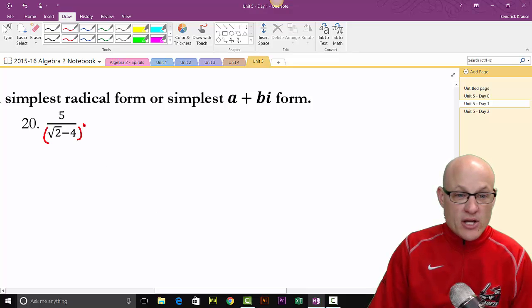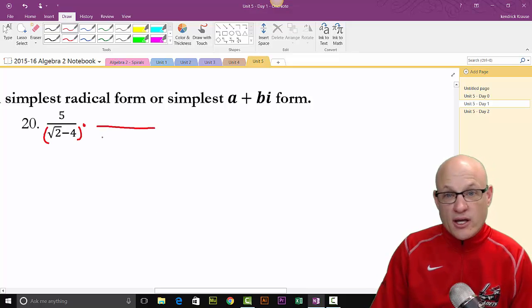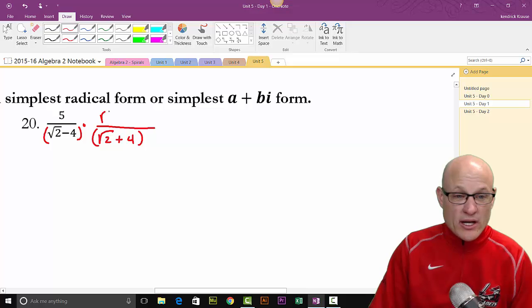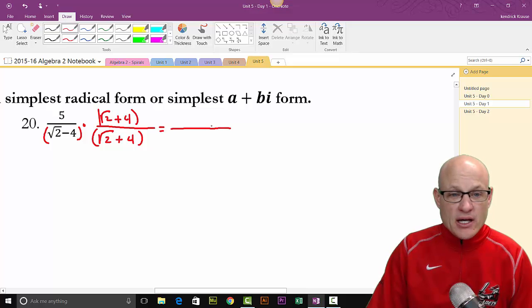Not allowed to leave it in the denominator. So we're going to multiply by the conjugate of radical 2 plus 4. And I'm left with 5 times (radical 2 plus 4) all over.